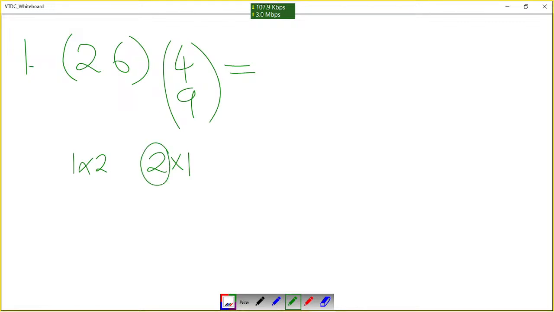These inner numbers determine whether two matrices can be multiplied. Then the outer ones determine the kind of matrix we'll have. So our matrix will be 1 by 1.